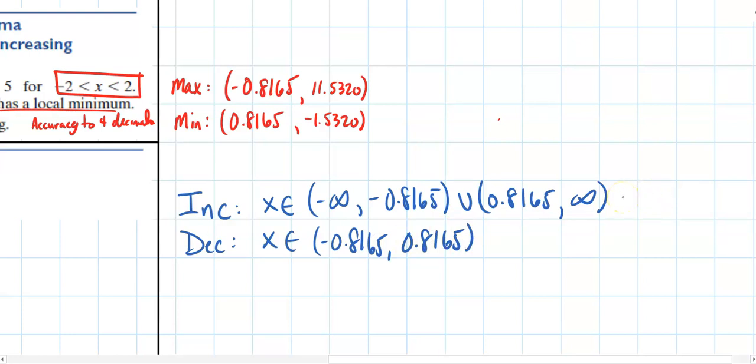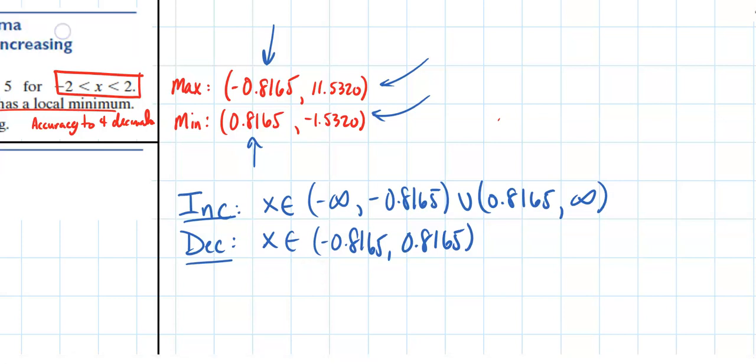And here's a nice way again to illustrate or demonstrate the x values or the domains on which the function is increasing or decreasing. And we can answer those questions very quickly by locating our maximum and our minimum points, because those x value positions are what determine the change in increasing and decreasing behavior.